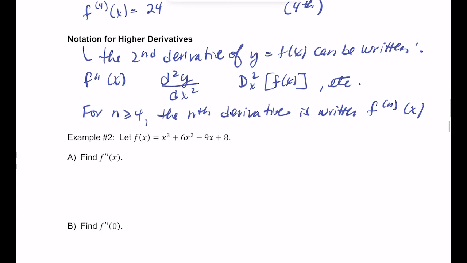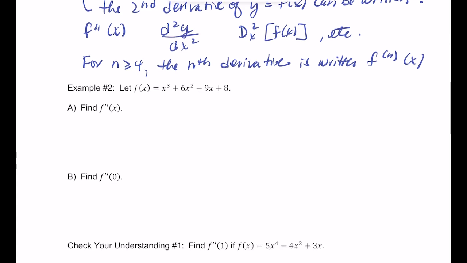All right, let's practice a little bit. So here we've got f of x equals x cubed plus 6x squared minus 9x plus 8, right? Polynomial, we want to find the second derivative, so f double prime of x. And to do that, I'm going to first find f prime and then go from there.